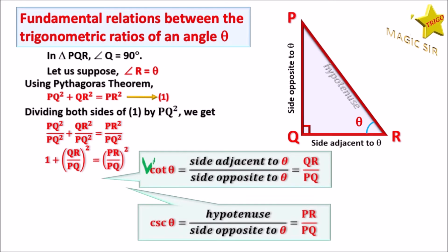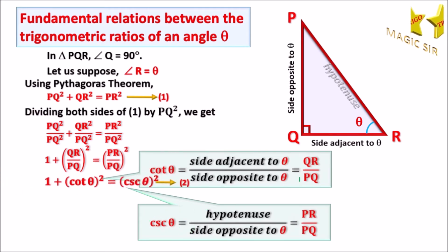Now see the figure. By definition of cotangent, cot theta is equal to side adjacent to angle theta upon side opposite to angle theta, where side adjacent to angle theta is equal to QR and side opposite to angle theta is equal to PQ. Similarly, by definition, cosec theta is equal to hypotenuse upon side opposite to angle theta, where hypotenuse is equal to PR and side opposite to angle theta is equal to PQ.